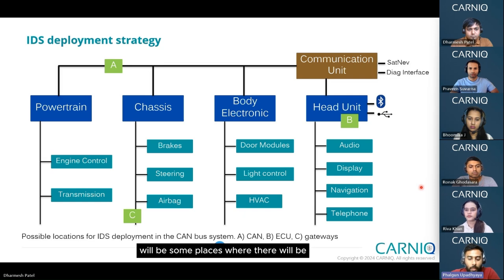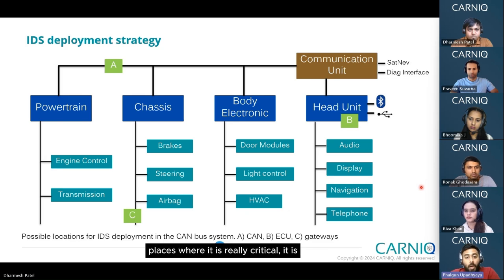So there will be some places where there will be denial of service attack possible, where you are losing some confidential information. However, putting an IDS over there might not be a cost effective solution for you. So this is where you will try to go with maybe some other solutions.